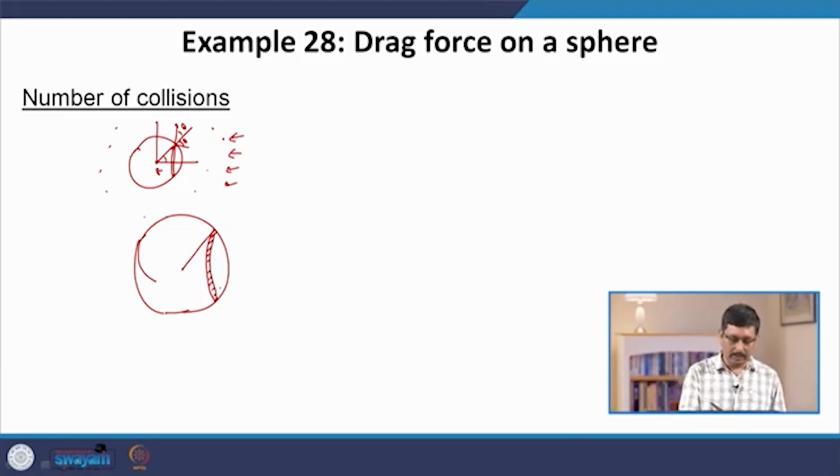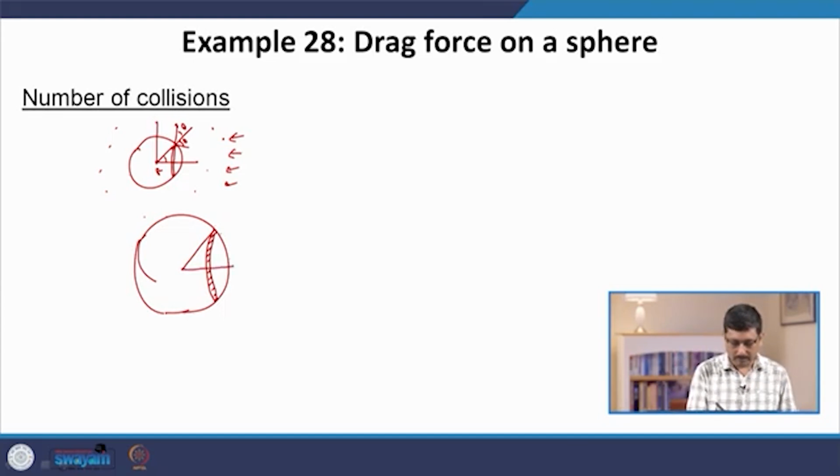Now, on this ring all the particles are hitting the sphere with an angle theta as shown in this particular figure. So, they all have the same angle theta. So, how much is the area of the ring? So, the total number of collisions is the total number of particles hitting this area.